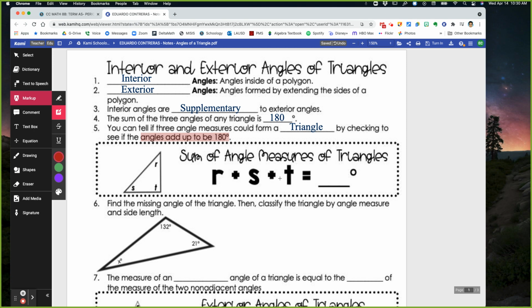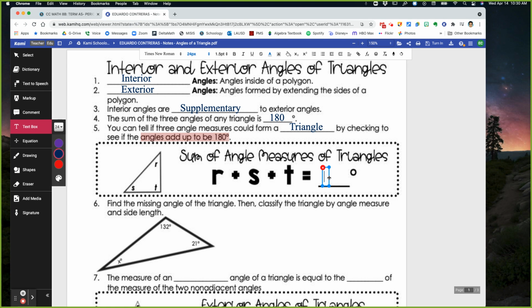All right. So, the sum of the angle measures of triangles. This is one of the key ideas in geometry. If you take any three angles of a triangle and you add them up, they will add up to 180 degrees. It looks kind of too small for this space.